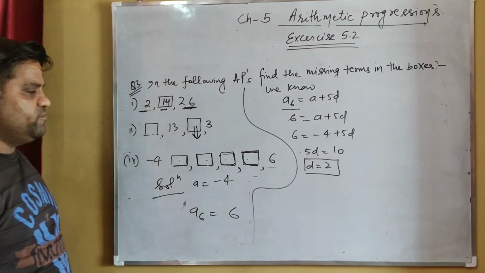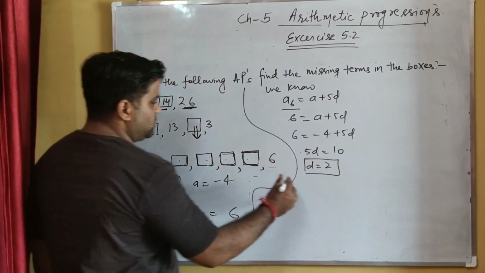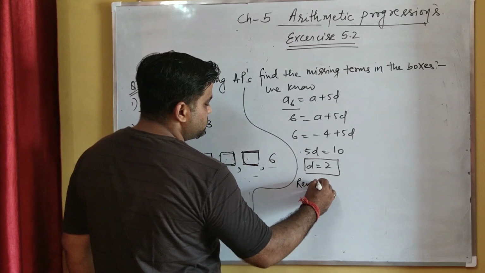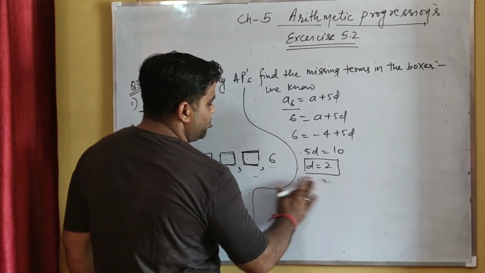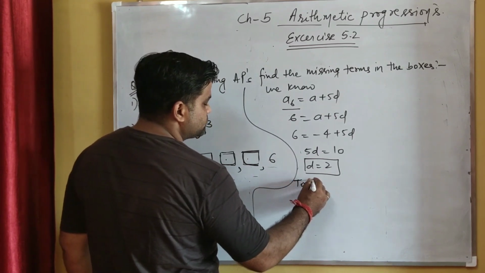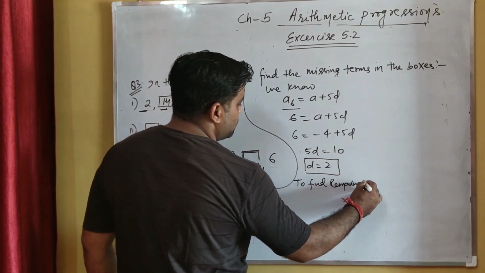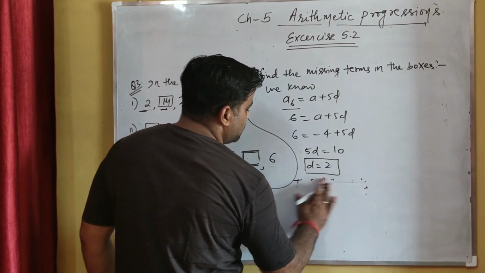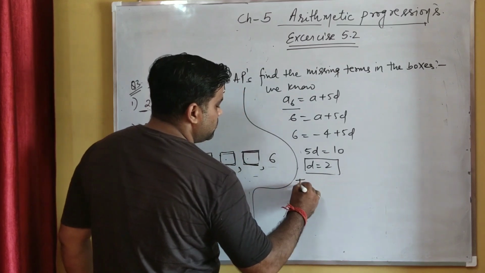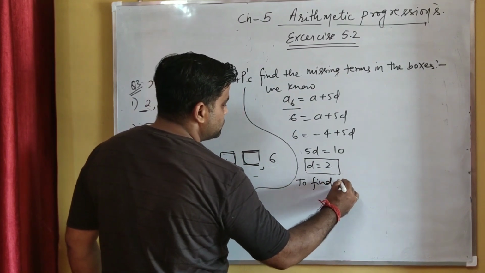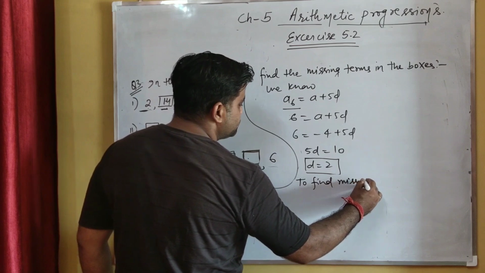Here we have got the value of d equals 2. Now let us find the remaining missing terms.